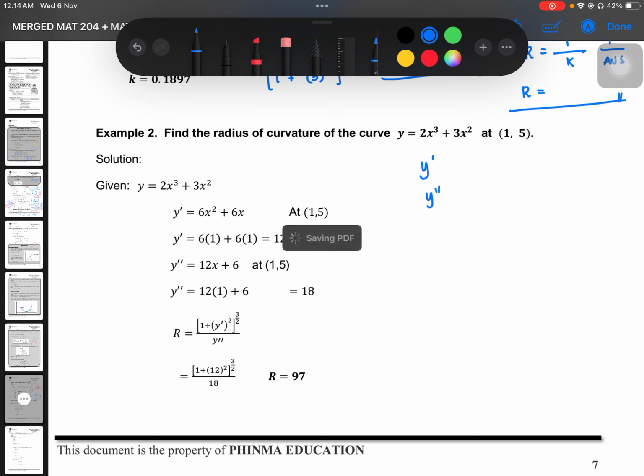So, for the formula ng r natin, r is equal to quantity 1 plus y prime squared raised to 3 halves all over y double prime. Okay? So, substitute nyo lang din to. Much better kung mag-solve din kayo on your own para makita nyo kung naintindihan nyo siya. Okay? So, ito lang yung ating formula.